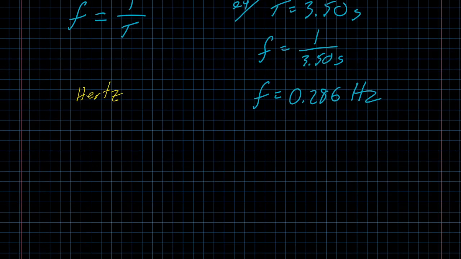Something interesting that comes up from this: if I have a wavelength of, let's say, 0.750 meters, a 75 centimeter wavelength, which is probably reasonable for a small experiment happening on a desk.